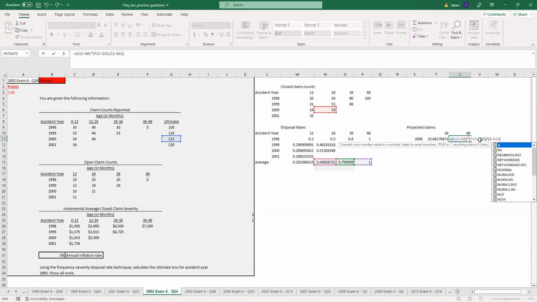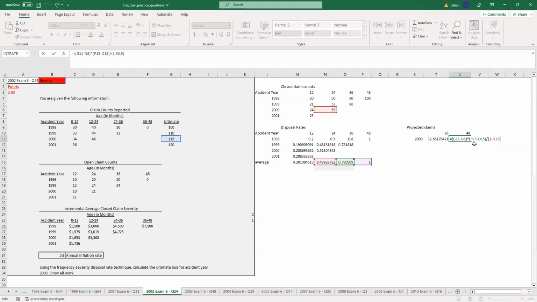A good way to think about this is we have the difference between the ultimate and the latest, so it gets us everything left that we have, but then we divide it by the disposal rate. So we get the percentage of undisposed. This first term divided by this part alone essentially tells us, okay, we have this many claims left to dispose.